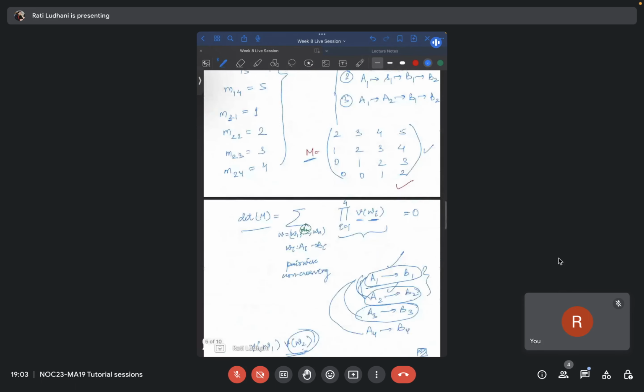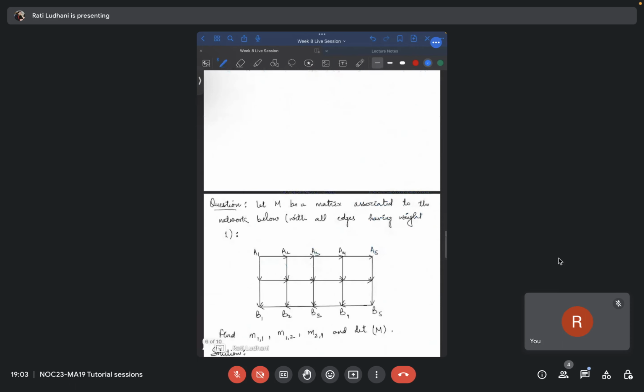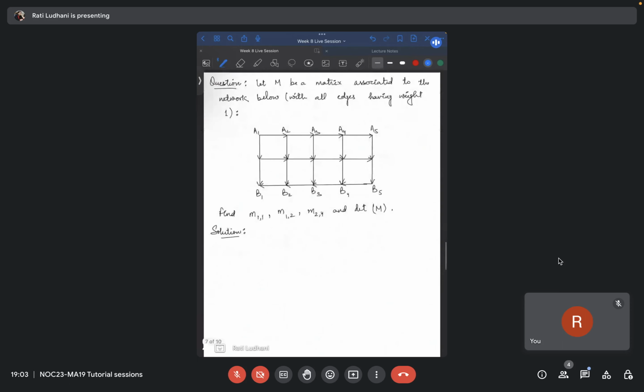But to calculate these MIJs, it took some time. So this is helpful in that case also. If you have very big matrices, then it is very hard to calculate, and you can use this LGV lemma if it helps. Okay, let's move to the next question then.